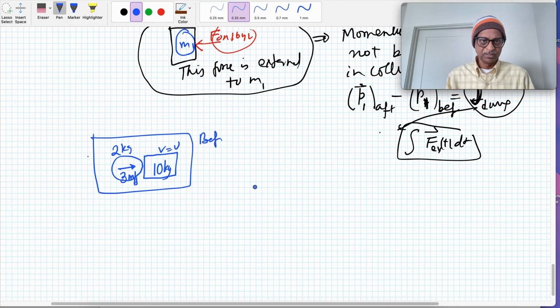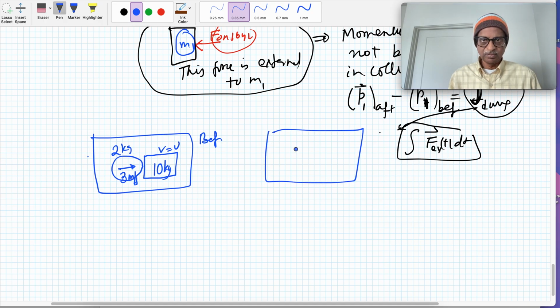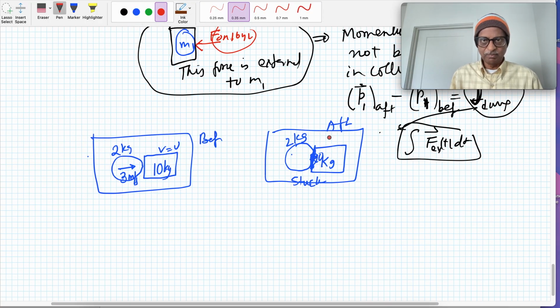Then the situation after. We're going to do a whole bunch of examples like this, okay? So this is 10 kilogram, and this is 2 kilogram. I'll stop writing. So after they stick and move together.